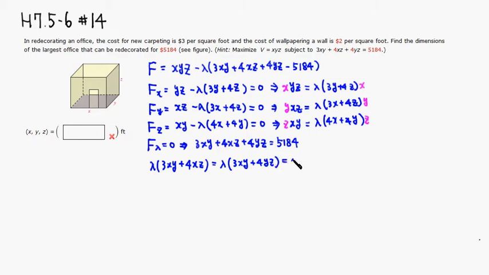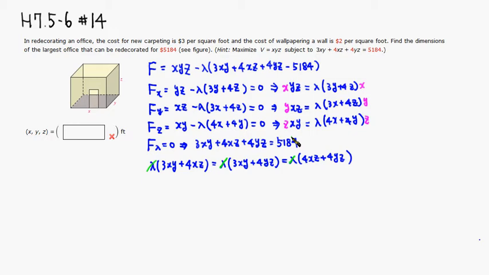That's equal to lambda times, distributing z, 4xz plus 4yz. Everyone has lambda in it, so I'm going to divide through by lambda, so basically we can just cancel those lambdas out.